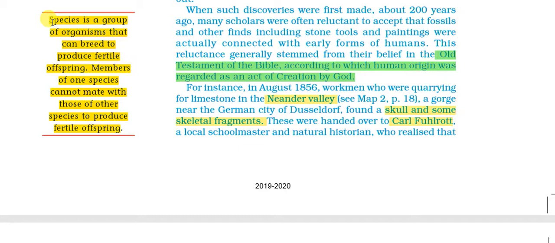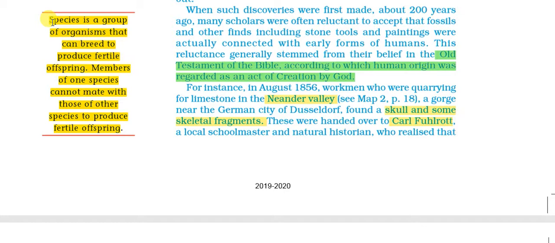I think it's a very simple understanding, and somewhere down the line in middle school, you have understood that species are required to breed to produce fertile offspring. And it is very important to note as well that a member of one species cannot mate with another. It's biologically impossible, right? So species can mate within their own group to produce a healthy offspring, right? So please learn the definition of species as well.